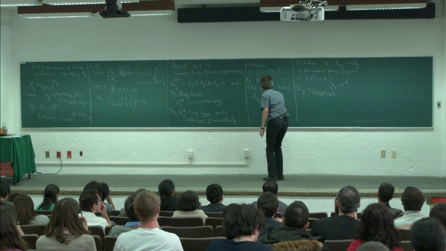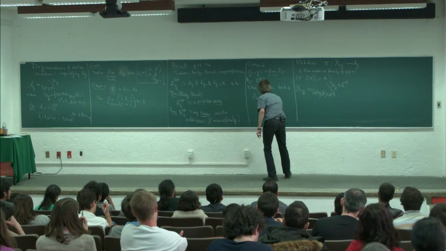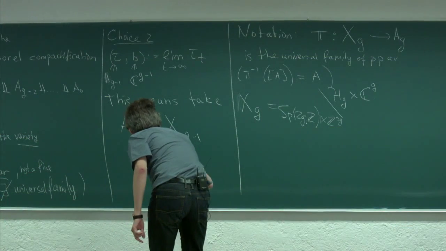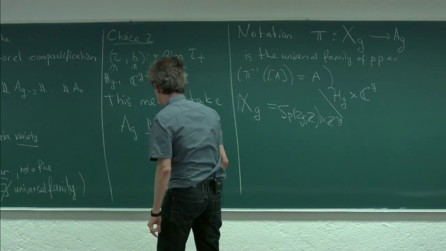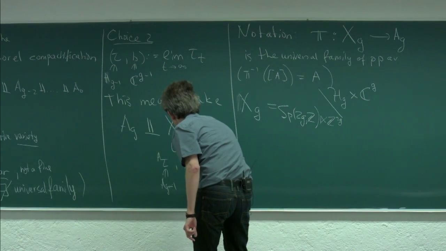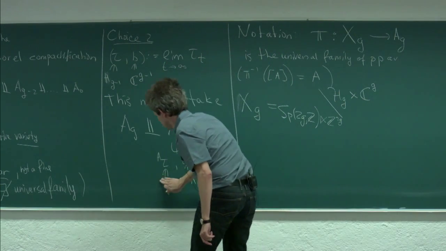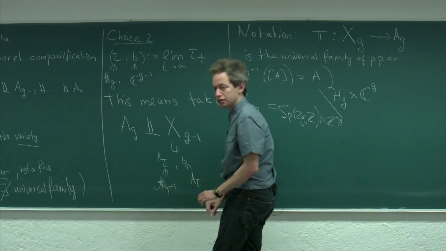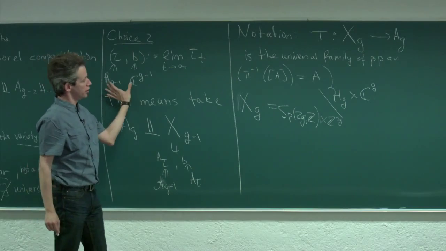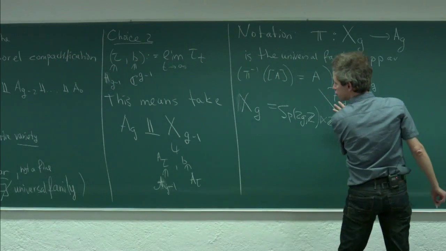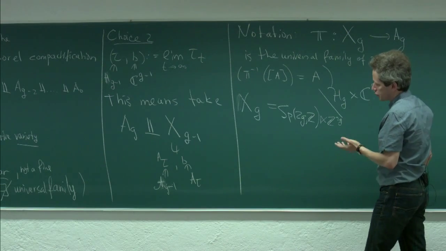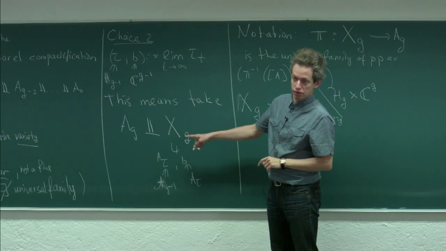So a point here is tau and b, where tau is the abelian variety corresponding to the tau, and b lies on this abelian variety. Okay, so here I should write curly a. So this pair gives me a point in here, right? In dimension 1 less, which I can interpret as a point in here.